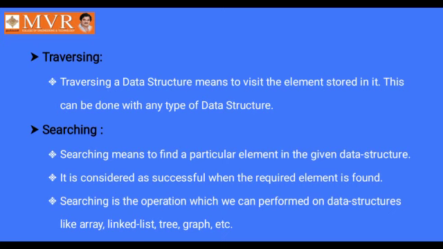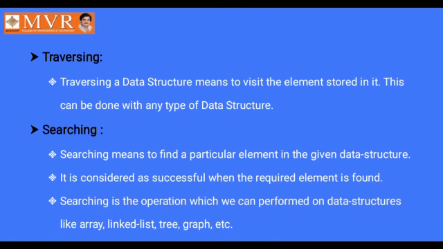Next, coming to searching. What is meant by searching? Searching means to find a particular element in a data structure. That is, to find a particular element in a stack or queue or linked list or a tree or graph is known as searching. If the search is successful, then we return that the element is found.